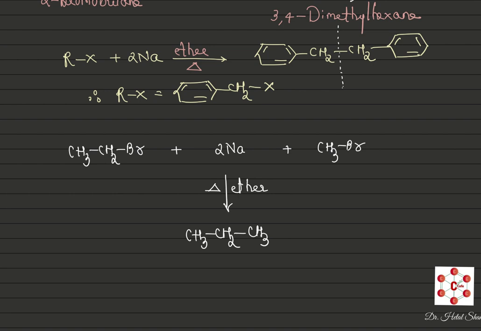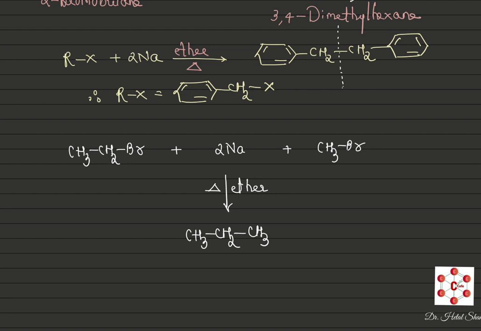So there are 6 into 10 power 23 molecules of ethyl bromide, and 6 into 10 power 23 molecules of methyl bromide also. Is it possible that every time a methyl bromide has to search for an ethyl bromide and then react? Is it not possible that a methyl bromide may come across a methyl bromide and react with it? Is it not possible that your ethyl bromide may react with one more ethyl bromide? It is absolutely possible. So there are 3 possibilities.